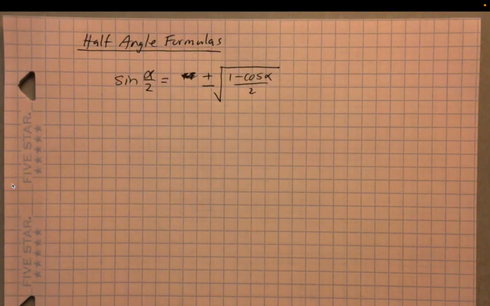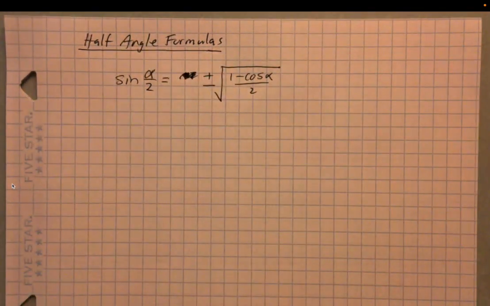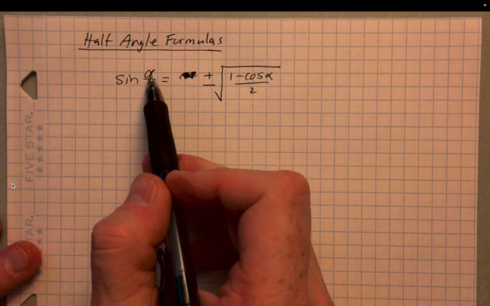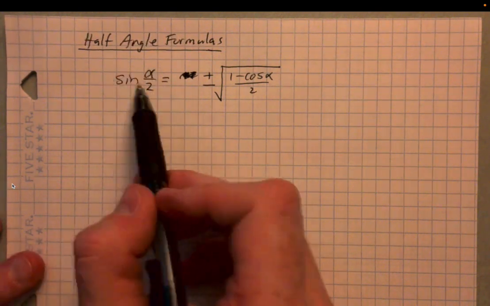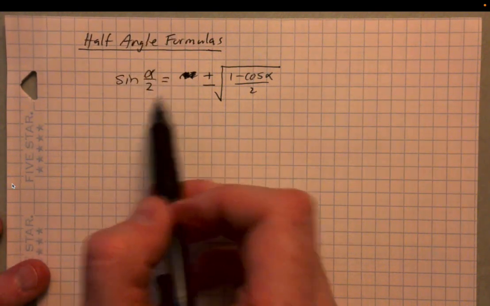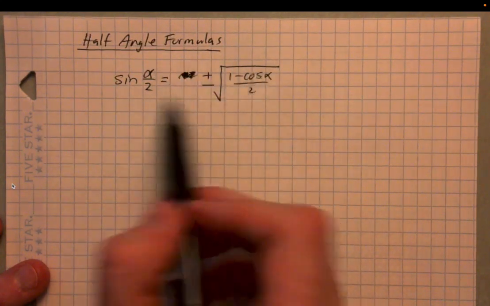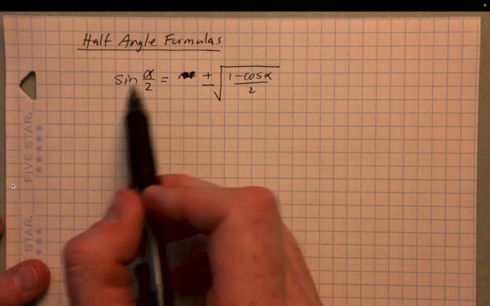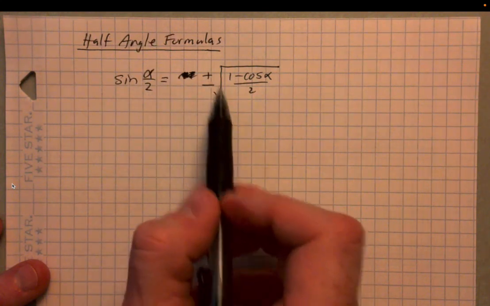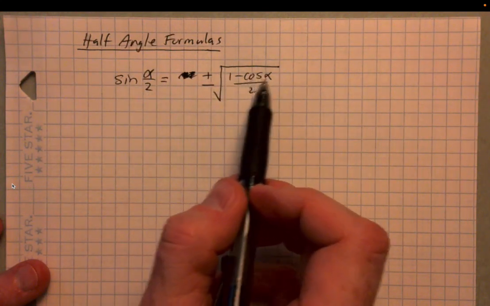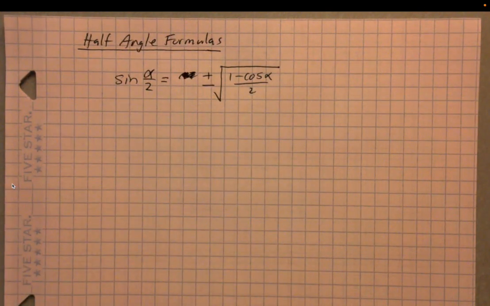Okay, all right, so this is just chicken scratch there, but basically what this is saying is that if I have an angle alpha and I divide it by 2 and I take the sine of that half angle, then you can relate it to the full angle using this expression here. Sine of alpha over 2 is equal to plus or minus the square root of 1 minus cos alpha all over 2. Okay, let's write the other ones out.